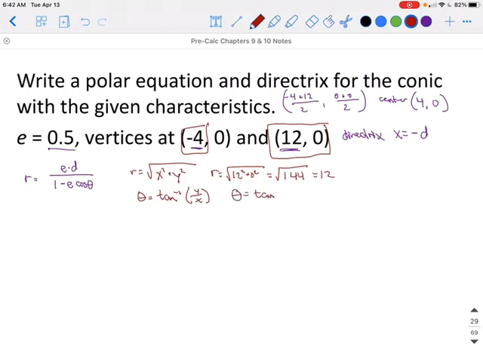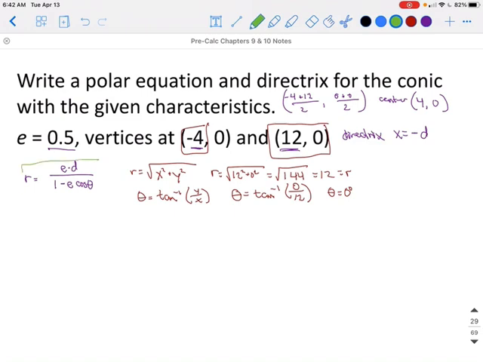So this would be inverse tangent of 0 over 12, or theta in this case is just going to be 0 degrees. So our point will be, our r value is 12, our theta is 0, and we're going to plug everything we know into the equation and solve for d.